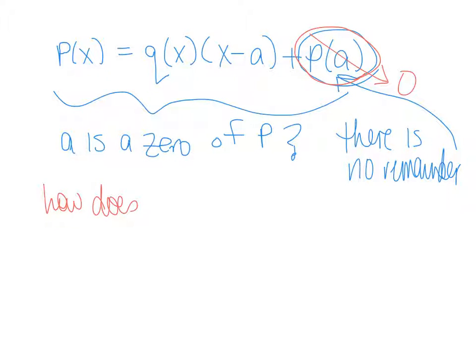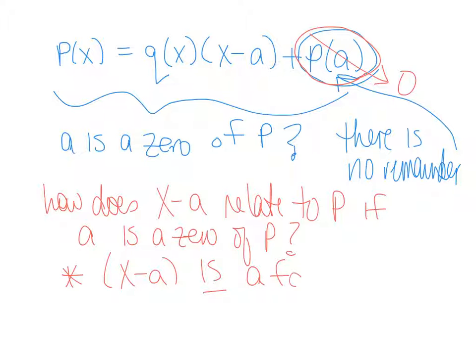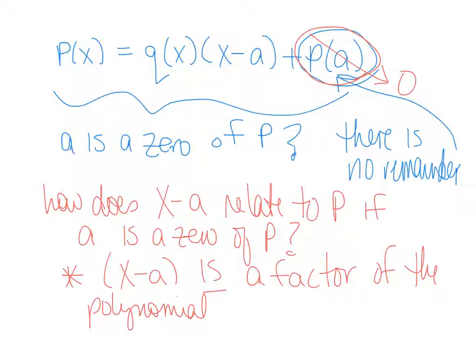How does x minus a relate to p if a is a 0? Okay? If a is a 0, that means that x minus a is a factor of the polynomial. Which we just modeled in the last example, right?